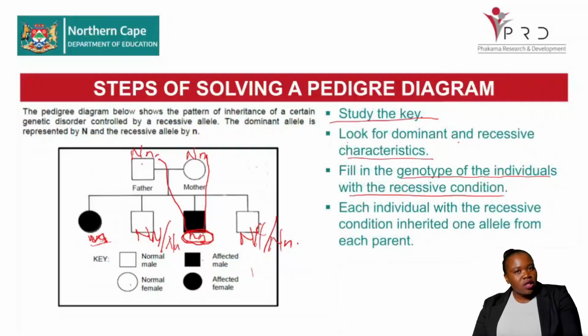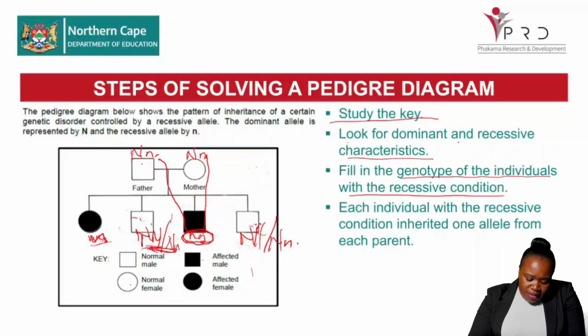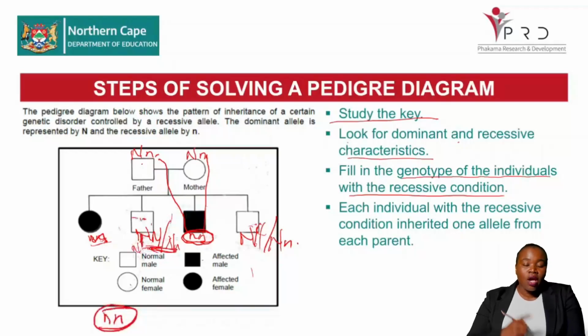If you have the third generation and the fourth generation, you will use that as a guide to determine whether these two individuals are homozygous or heterozygous. For example, let's look at this individual. If this individual has an affected offspring, it means that that offspring is small letter n, small letter n. For this offspring to be small letter n, both parents have to contain at least one small letter.